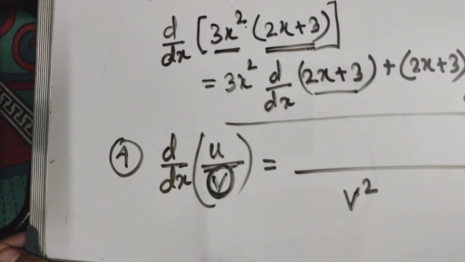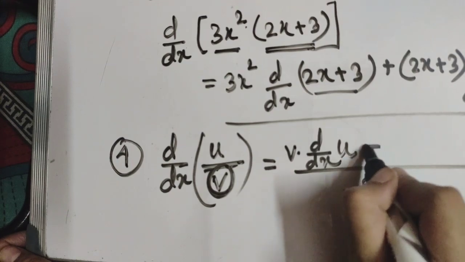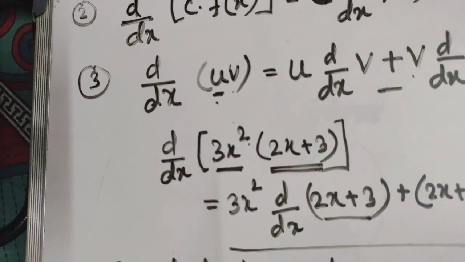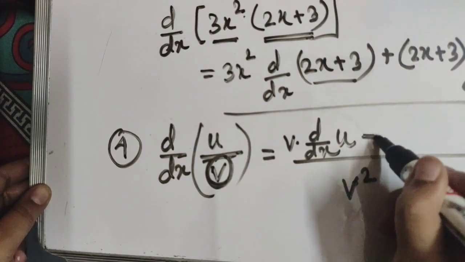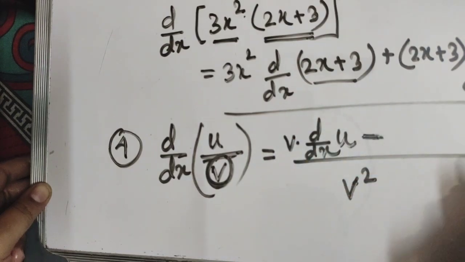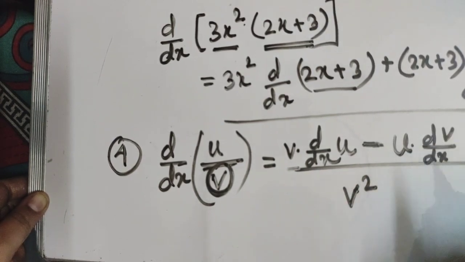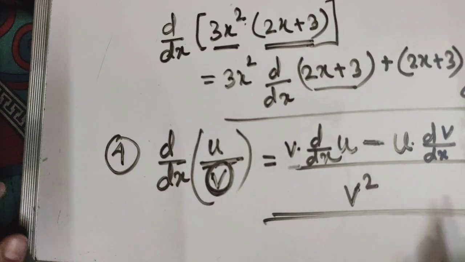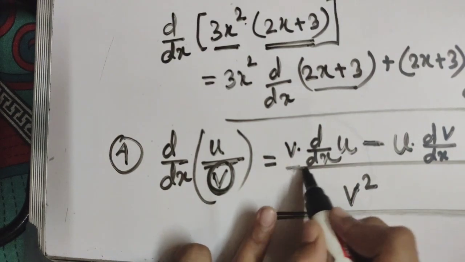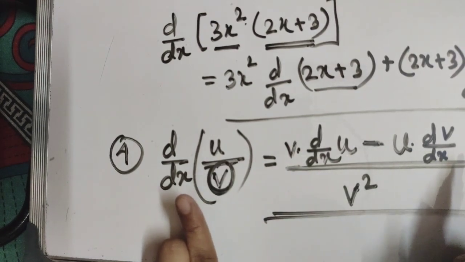Here v is the denominator, so the formula has v square in the denominator, and then v into d/dx of u minus u into d/dx of v. Here if there is a plus sign, then you can reverse it, but here the sign is negative, so you can't reverse it. You should remember this as well.